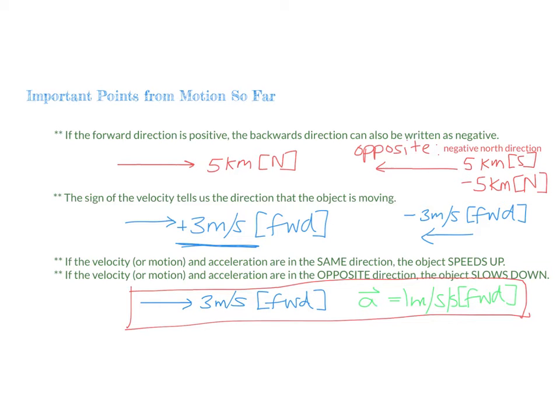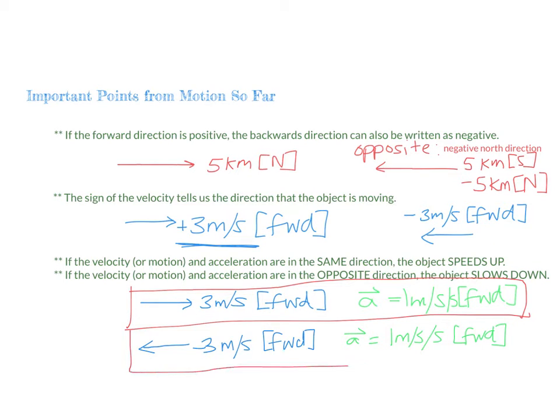And then the opposite is true if I have a velocity in a different direction. So say I was moving backwards and I was going negative 3 meters per second forward. If I kept that same acceleration, so my acceleration is 1 meter per second each second forward, what's going to happen is they're moving against each other.